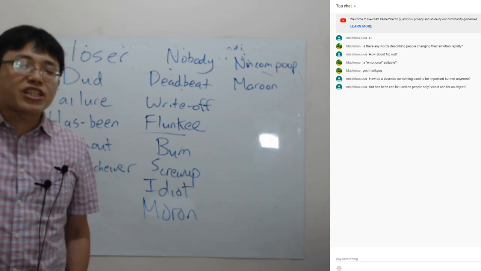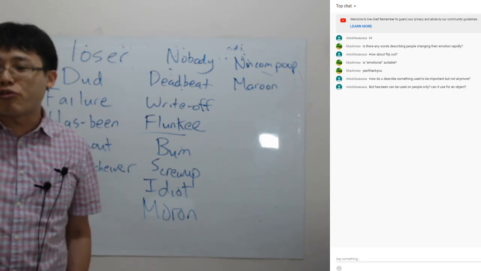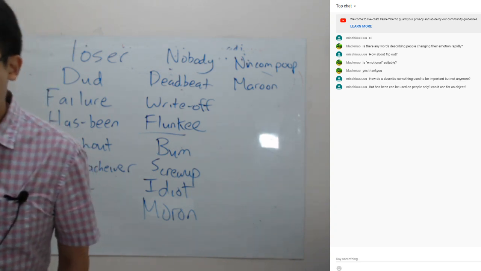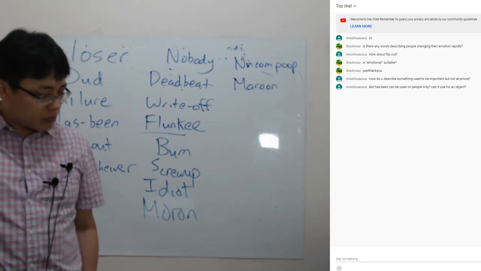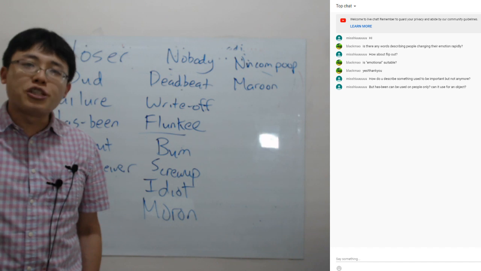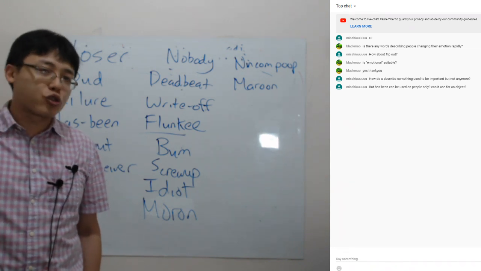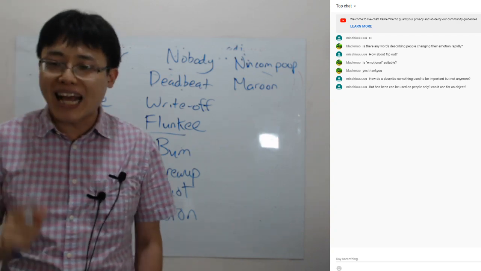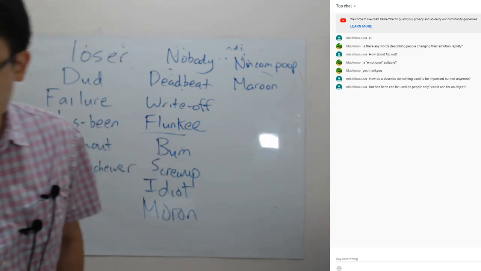As an example, maybe your cell phone was good before, but now it's bad. It's no longer useful. Yeah, it used to be important. That would be the way I would describe it. I can't think of another way right now. There might be another way, but that's the first thing that comes to mind.